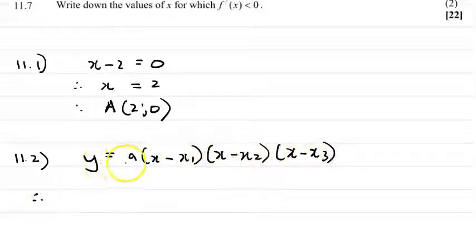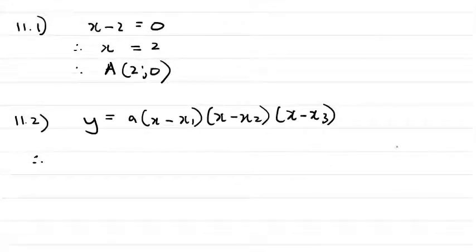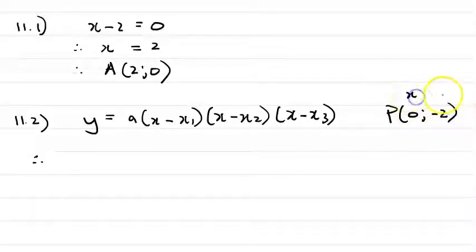Therefore, now for the point, we're going to substitute, remember, x and y. So that point that we're using is 0 and negative 2. So that particular point is, let's say P for point, 0 and minus 2. So wherever we got x and y, for x you put 0 and for y you put minus 2.